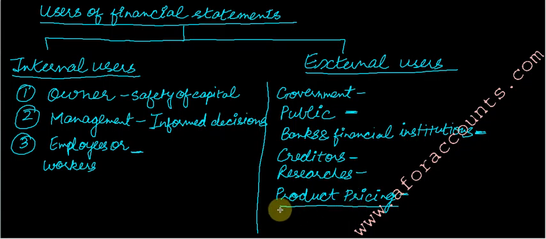Then you can prove that the product pricing I am doing is correct because of the support of the financial statements. You can prove it to the outsiders, and for your own product pricing also, you need some financial statements, and that shows at what price your product should be marked.